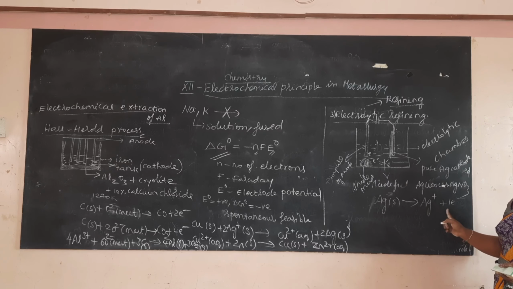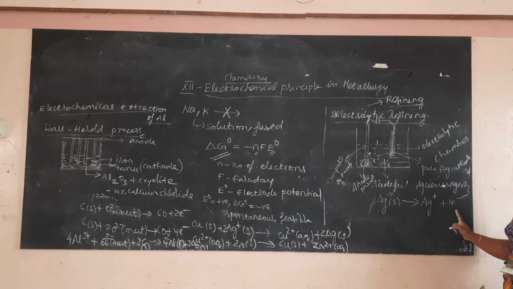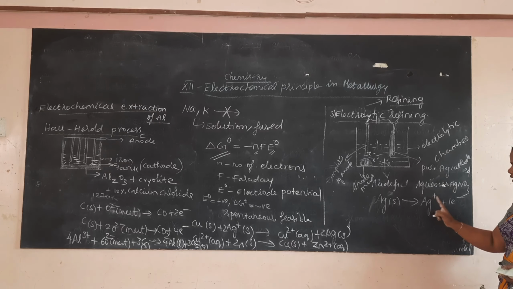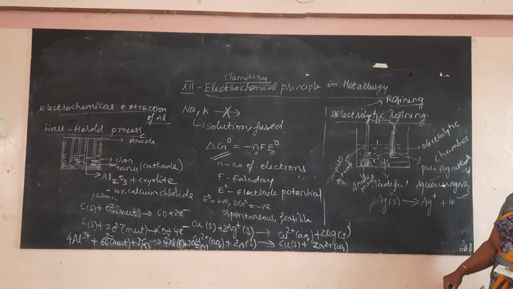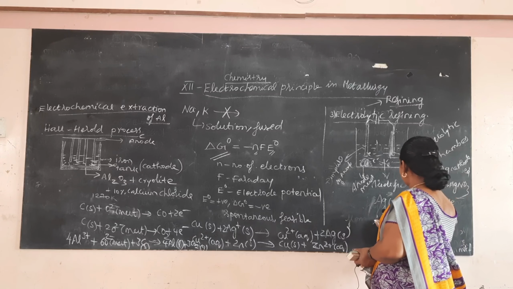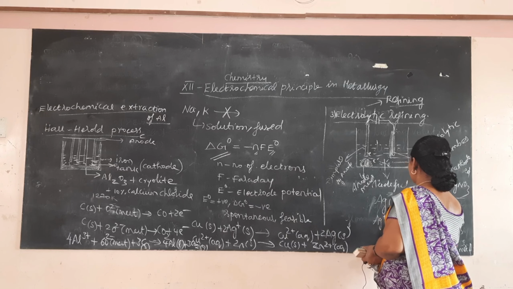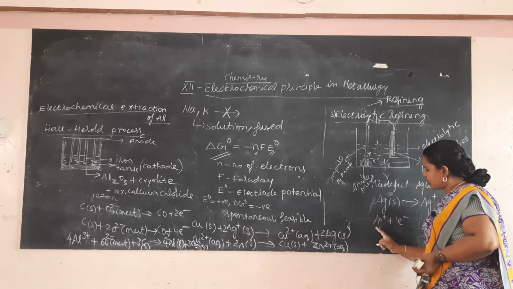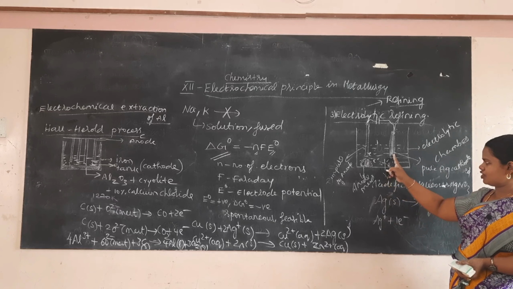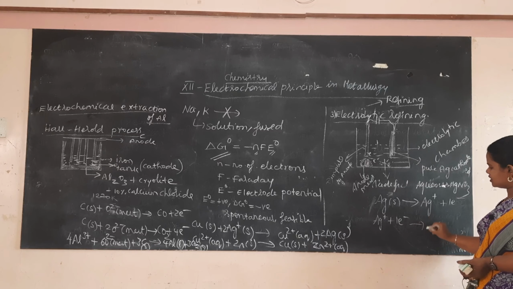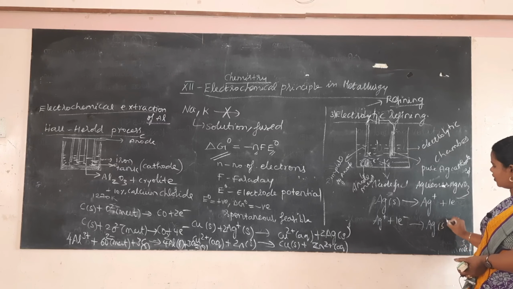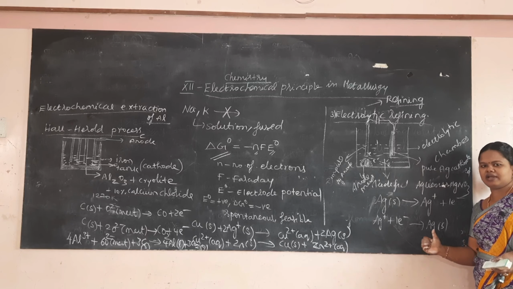What is oxidation? Oxidation is a process which involves loss of electron. Then what about the cathode? Cathodic reduction. So Ag+ plus 1 electron gives Ag solid. Here Ag+ has gained 1 electron and forms Ag solid. So anodic oxidation and cathodic reduction.